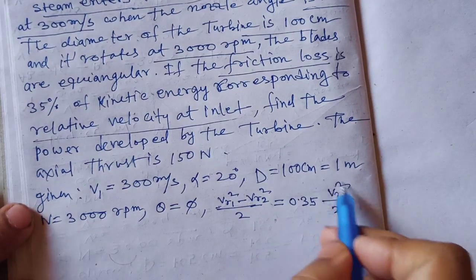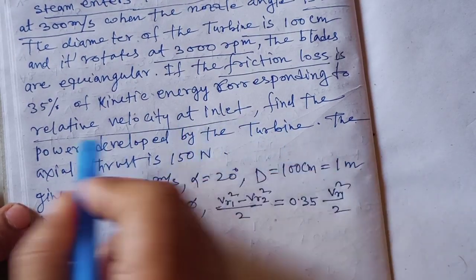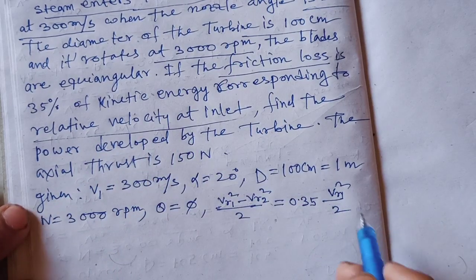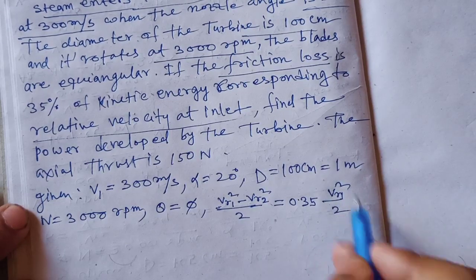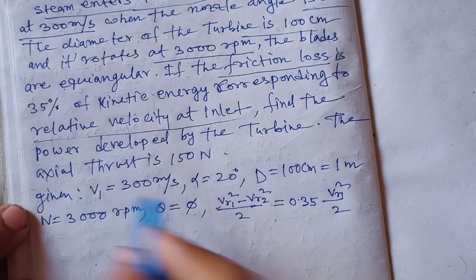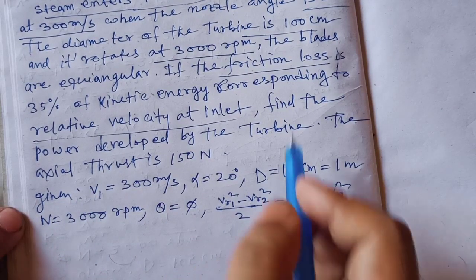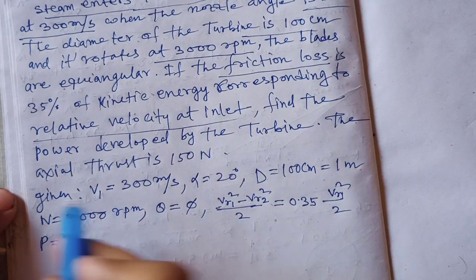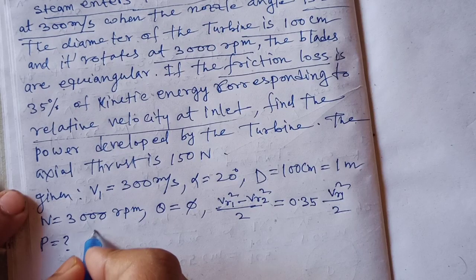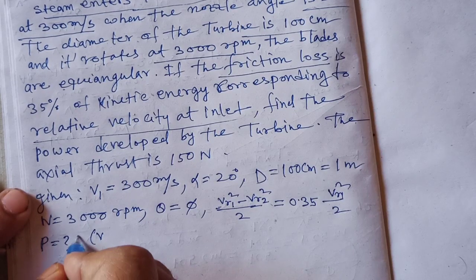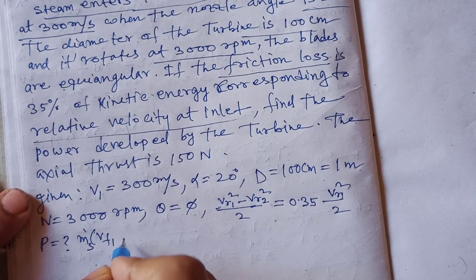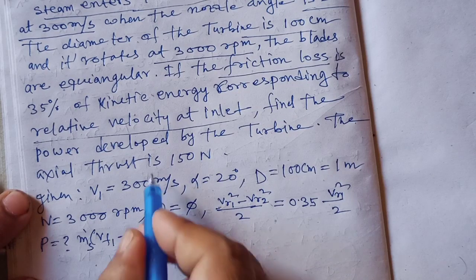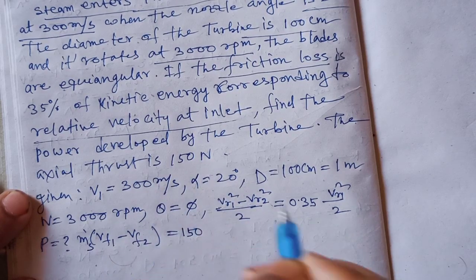VR1 is the relative velocity at the inlet. Another thing given: find the power developed. The axial thrust is m dot s (Vf1 minus Vf2), which is 150. It's given.